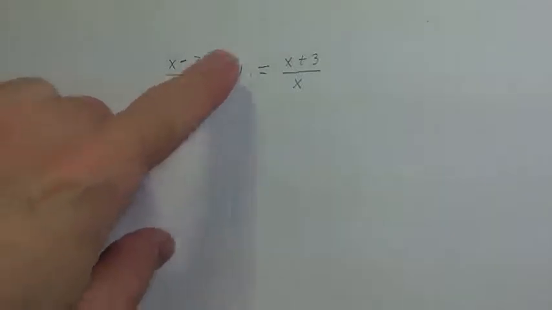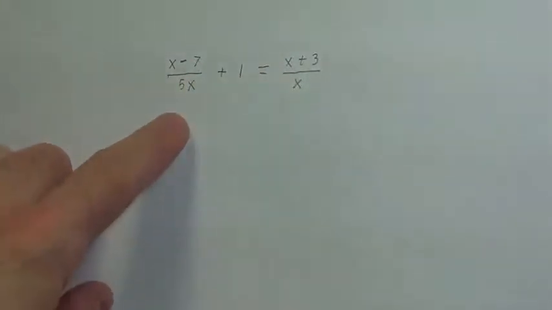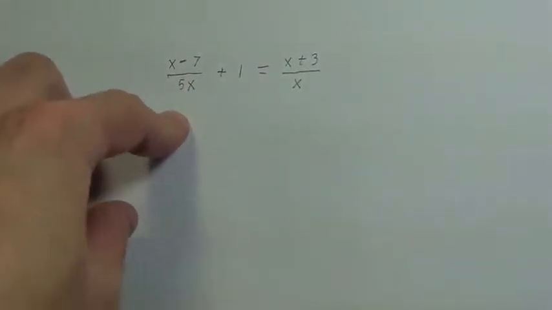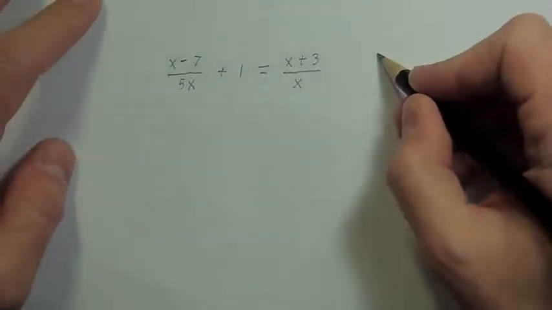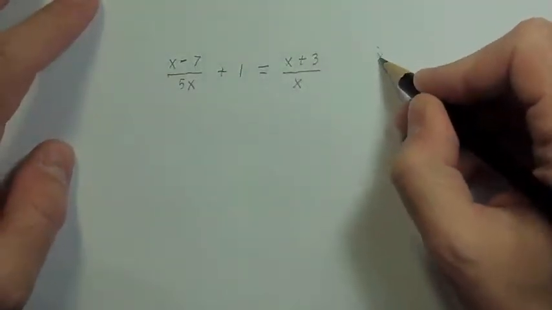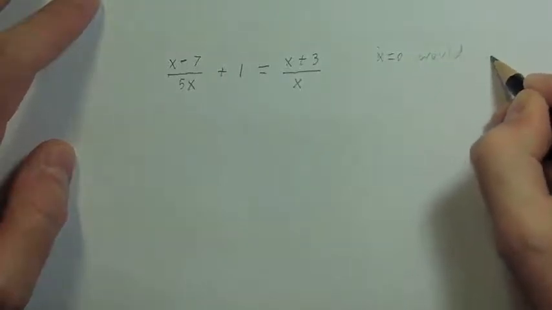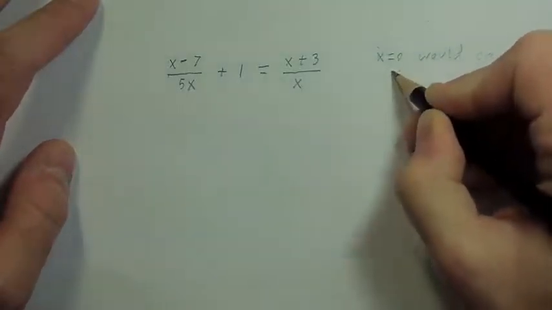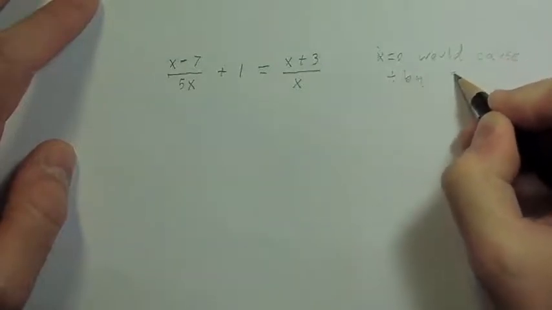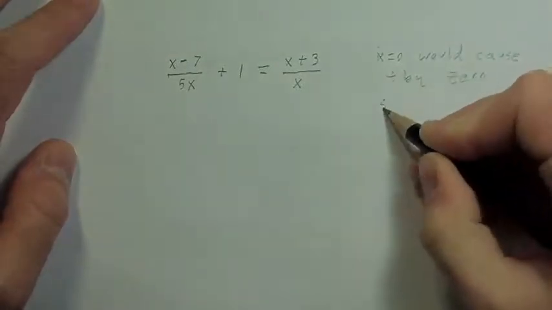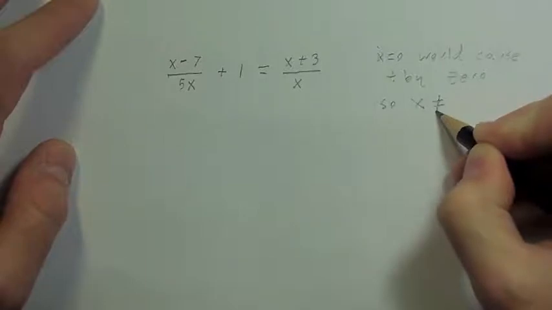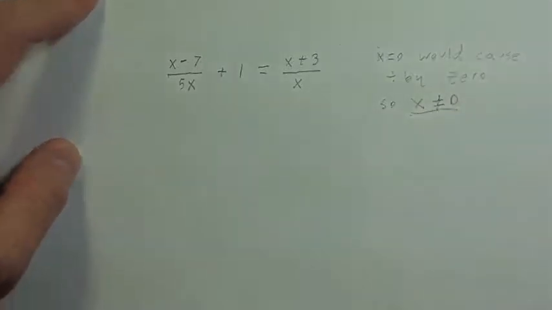Okay, so basically if we put 0 in for x, we would get division by 0. So x equals 0 would cause division by 0. So x cannot equal 0, right?